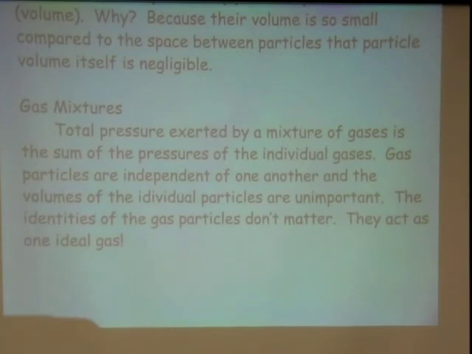In general environmental conditions that we will be dealing with, the identities of gas particles don't matter. With mixtures of gases, we just think of this thing as being one ideal gas, and we don't have to take the components into account. That's not the same with a liquid. That is not the same with a liquid at all.